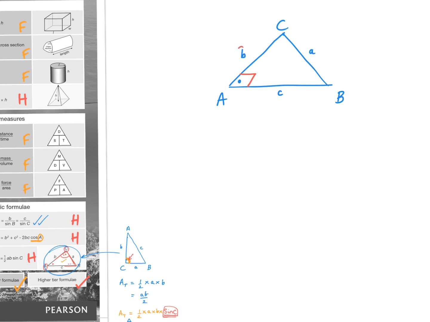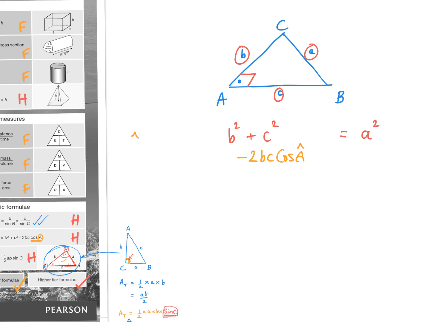So what you would get is B squared plus C squared would be equal to A squared. That's if it's a right angle triangle. So all you have to think about is, well, it's not a right angle triangle, is it? And that's why 2BC cos A comes in as a correcting factor.